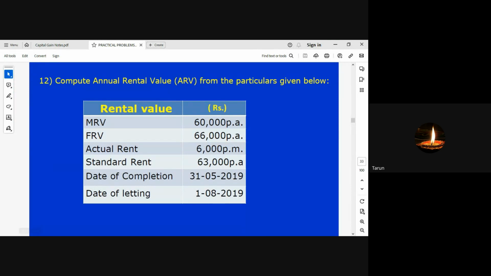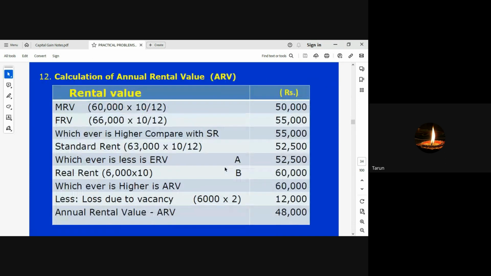Only the 10 months will be covered, and the date of letting out is 1st August. So the 2 months in between, the difference between these two dates, are considered in the loss due to the vacancy period. That is the actual rent into 2 months, that is 12,000 rupees in total.